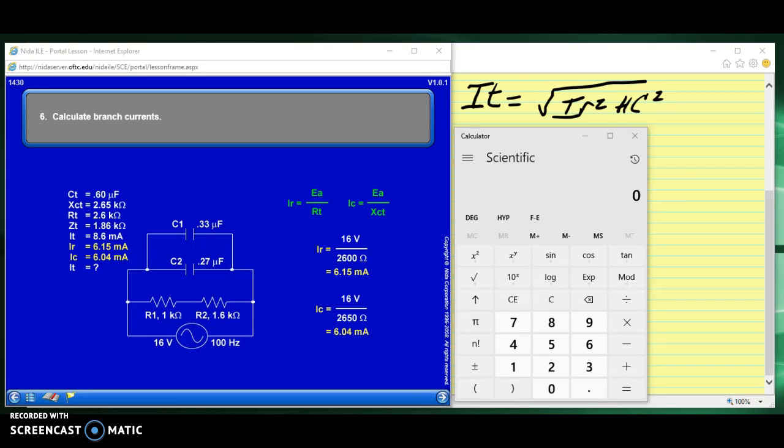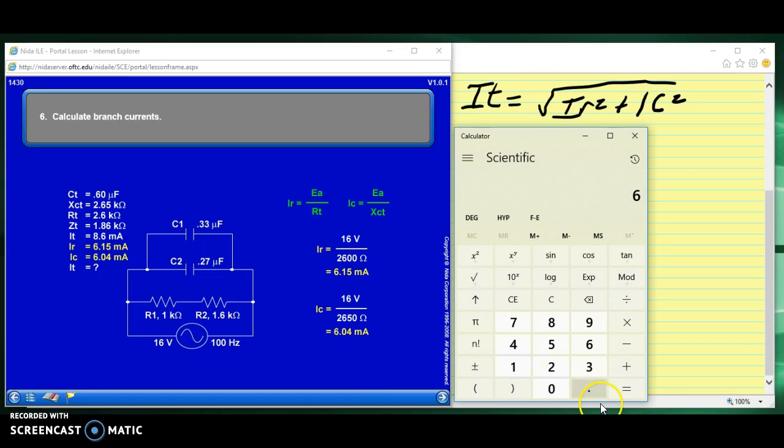Let me undo those last couple to make it legible. Basically, we take this value, square it, take that value, square it, add them together, and get the square root of that.